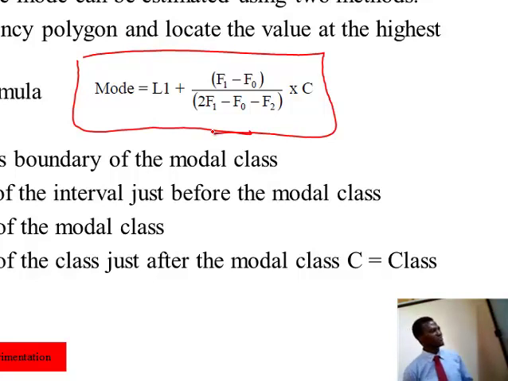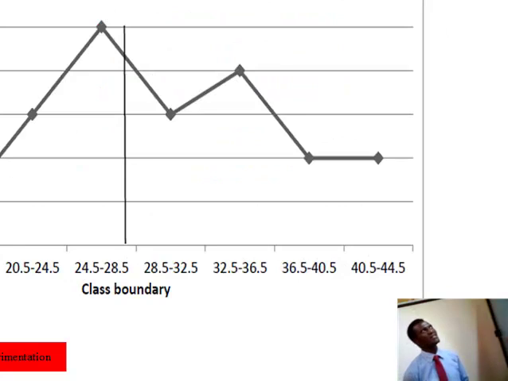F2 is the frequency of the class just after the modal class, and C is known as the class width.